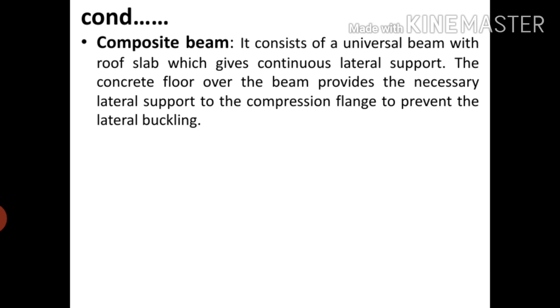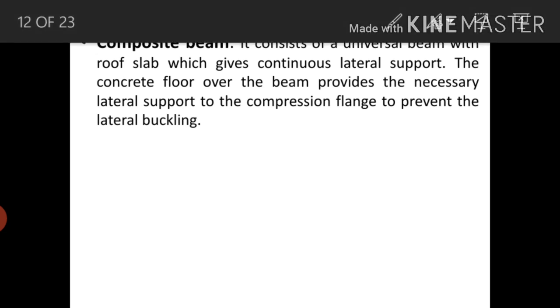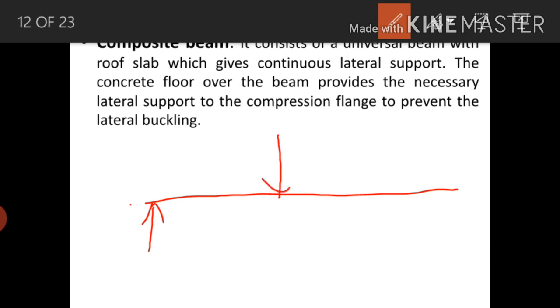And generally, as you know, if you take a beam and the load is acting, the beam will bend like this. This is the deflection. If it is taking place in the plane, this is called in-plane bending, that is in-plane flexure.